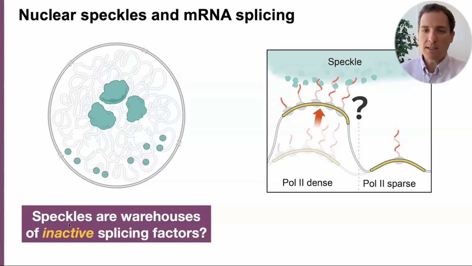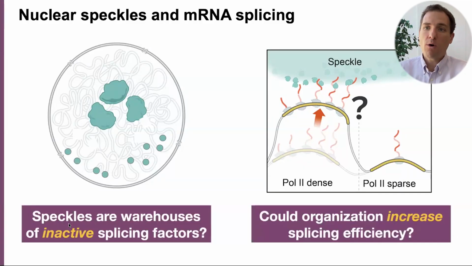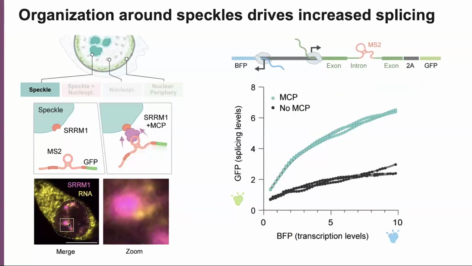That led us to the hypothesis that perhaps organization of actively Pol2 transcribed genes around speckles can act to increase the splicing efficiency of these highly transcribed genes. To make a long story short, this is true: genes that are organized around nuclear speckles tend to have higher concentrations of spliceosomes, they're more efficiently spliced, and that organization around speckles is dynamic across cell types and leads to dynamic splicing changes.